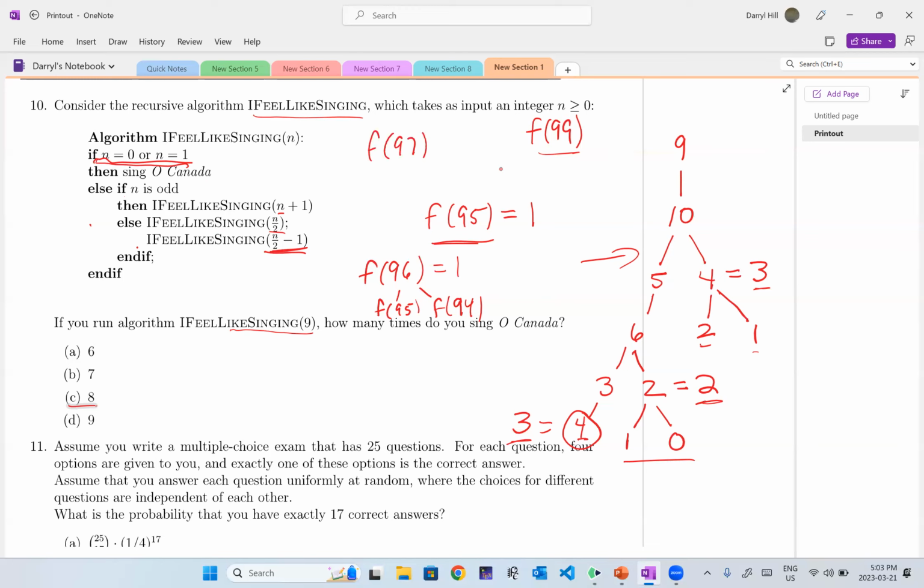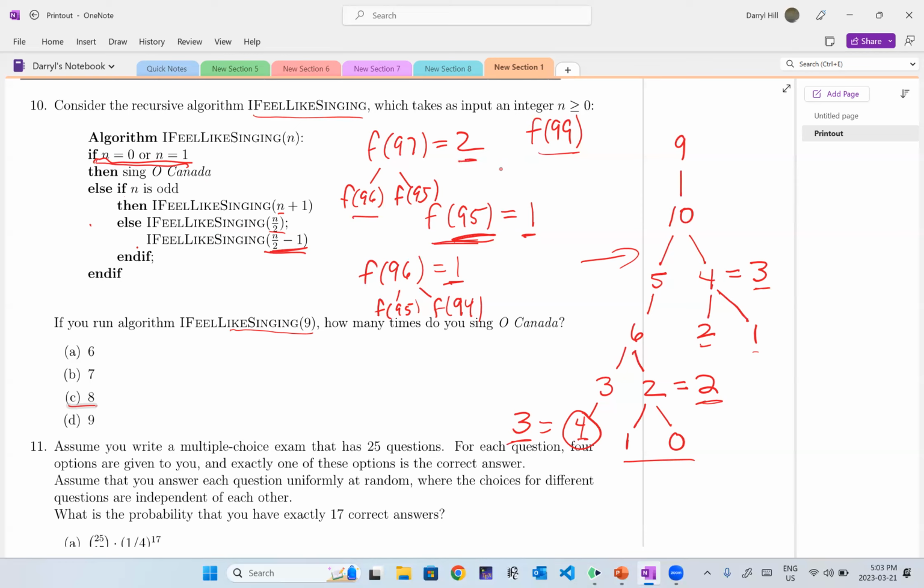F97, assuming I call F96 and F95. F95 is one call, F96 is one call, so then I make two calls here. F98, well, I call F97 and F96. F97 is two, F96 is one, so that's three. So you can build up, and it really is just the Fibonacci sequence.